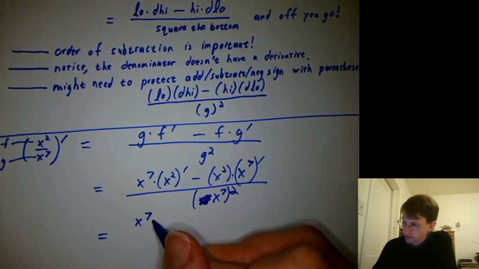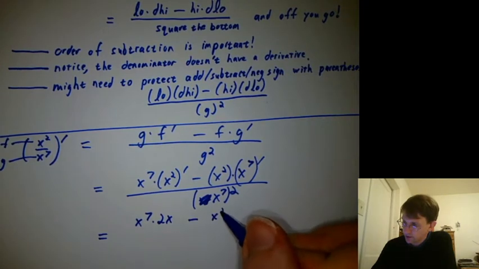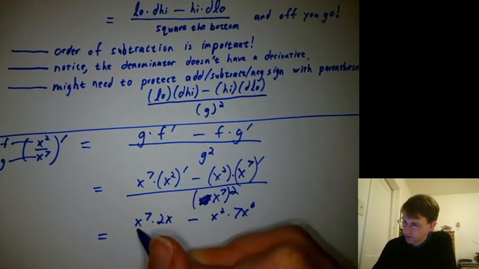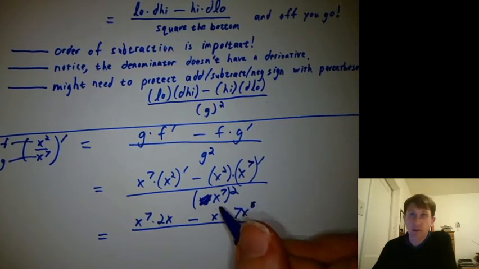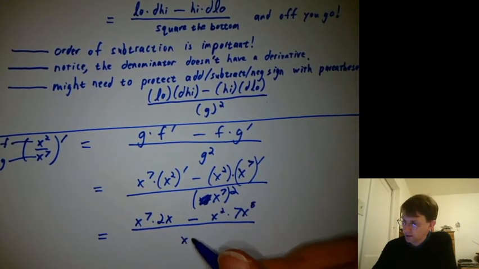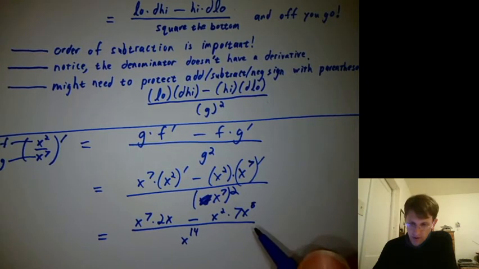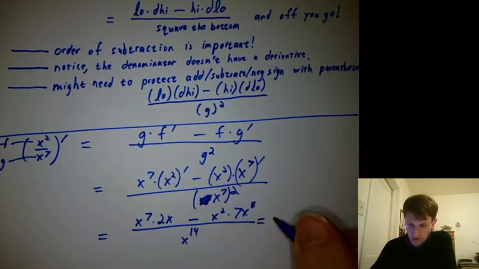So we get x to the 7th times 2x minus x squared times 7x to the 6th. If you have x to the 7th squared in the denominator, that's x to the 7 times 2, or x to the 14th. And in this case, I just want to try what happens if I simplify all the way.